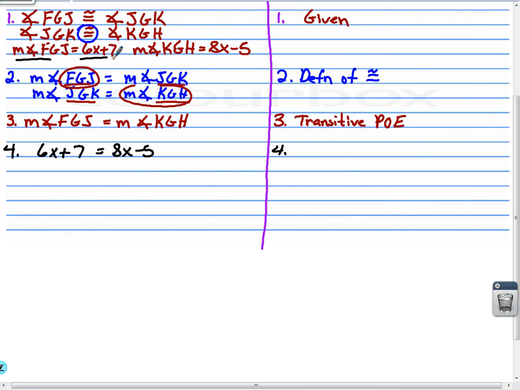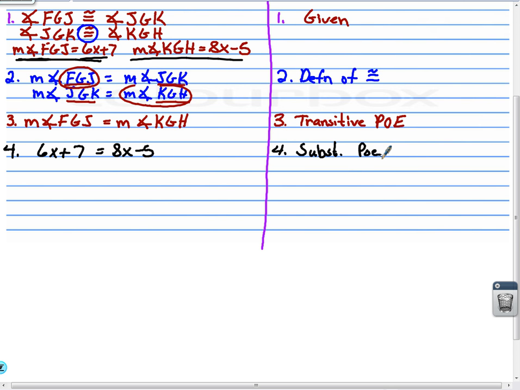Because they're equal to that, right? FGJ is 6x plus 7. That's it right here. KGH is 8x minus 5. It's right there. So what property says that? Somebody's about to say it. Substitution.